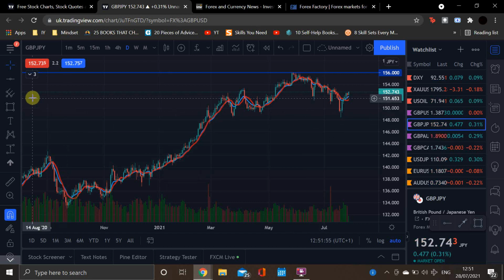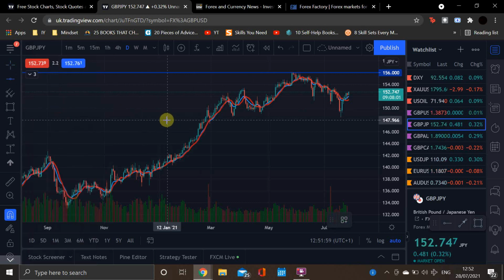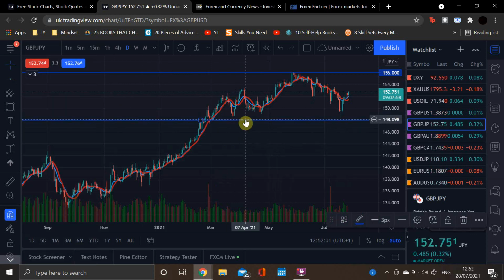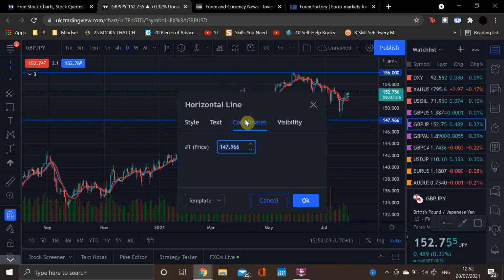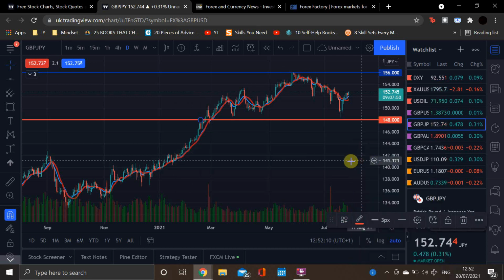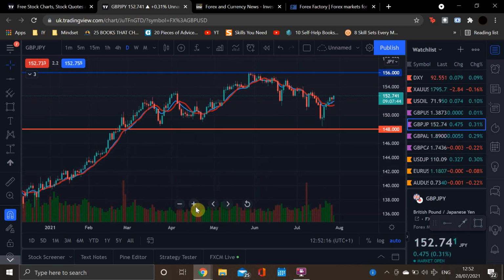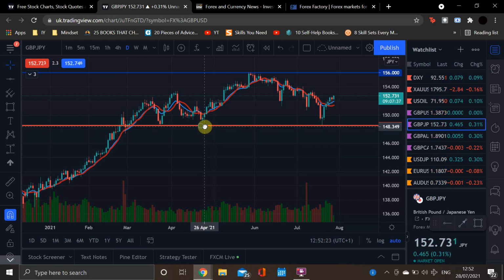We'll put that as a major resistance on the daily chart. But the thing is, it didn't want to reach 148. It wanted to reach here, so we'll put it where the wicks are, or just above the wick.